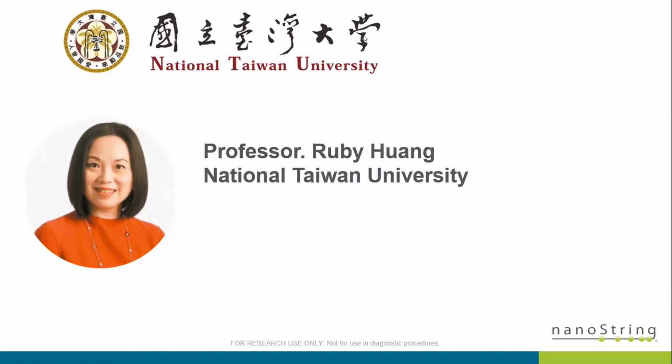So on behalf of NTU RECEPS, as the head of international collaboration, I thank you for your participation in this webinar series together with NanoString. Our purpose is to bring collaboration together to break the border boundaries, because we believe that we can only combat any pandemic, any epidemic like COVID-19, by working together.